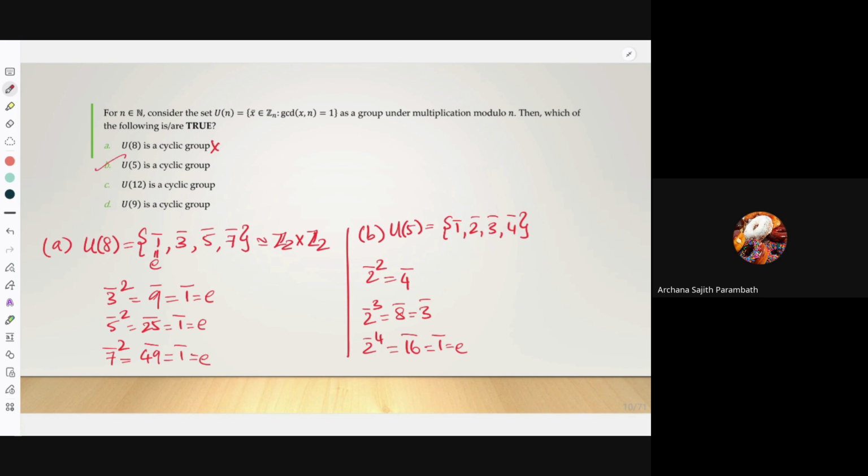Similarly, we can check for U12 and U9. So U12 would have 4 elements, 1 bar, 5 bar, 7 bar, 11 bar. And now 5 bar square is 25, which is again 1 mod 12 because 25 minus 1 is 24, which is divisible by 12. 7 bar square is 49, which is again congruent to 1 because 48 is divisible by 12.